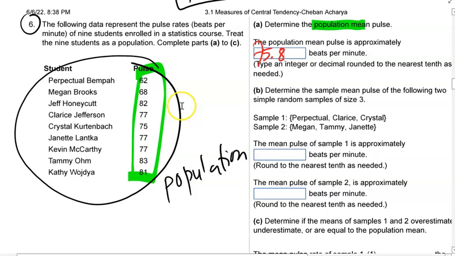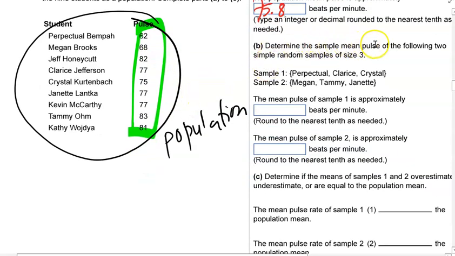Part B, determine the sample mean of the following two samples of sample size 3. Size 3 means you have 3 data in the sample: Prefectural's pulse, Clarice's pulse, and Crystal's pulse. Prefectural's pulse is 62, Clarice's pulse is 77, Crystal's pulse is 75.